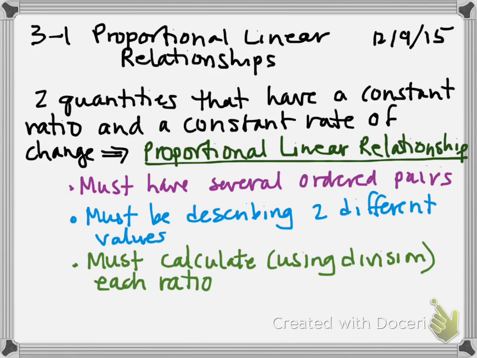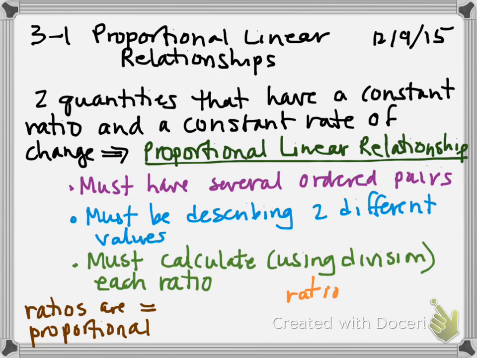So what we're going to come up with is two possible outcomes. Ratios are equal, then that's called proportional. The other option would be ratios are not equal, so that's not proportional.